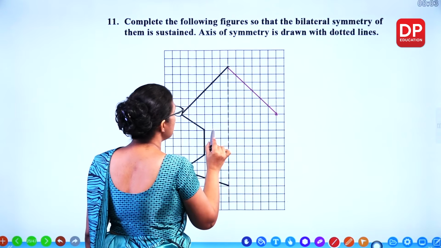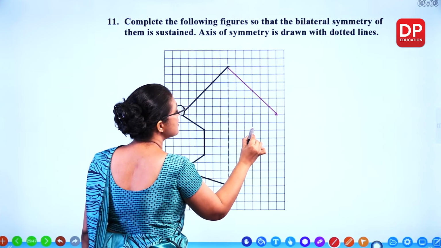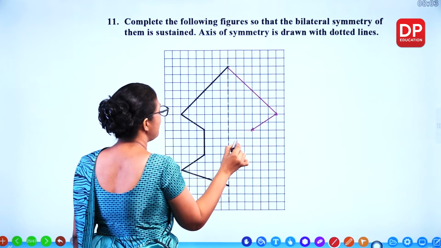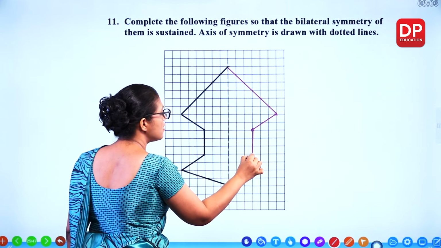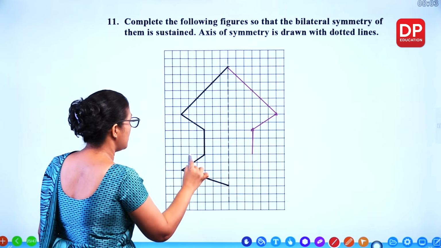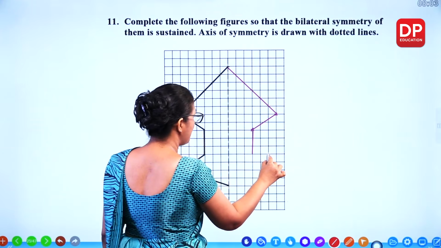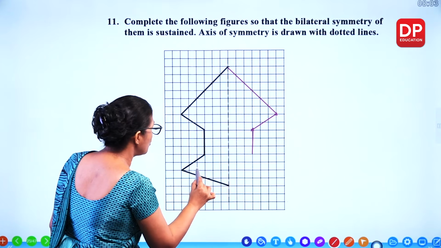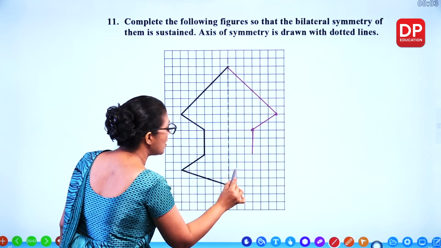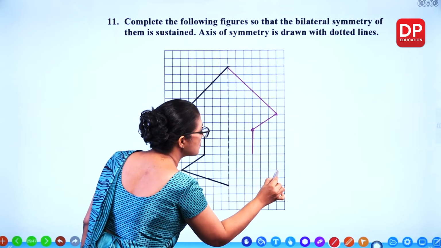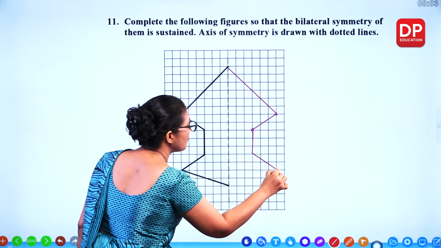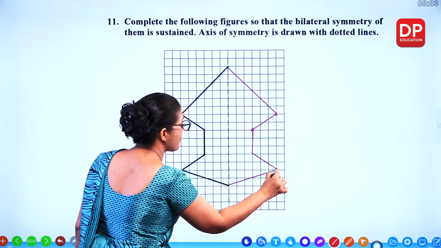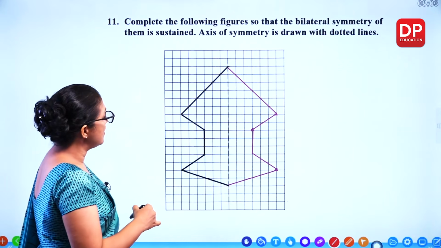So from here 3 squares. So this is the point. So you can connect from here and then 3 squares down and 2 squares down here, and from here how many squares? 1, 2, 3, 4, 5, 6. So this point. So that's the diagram.